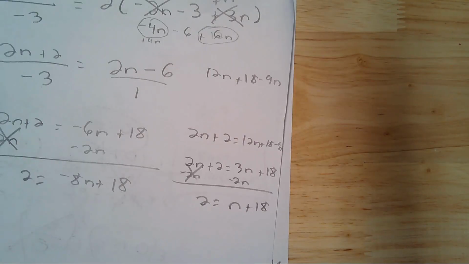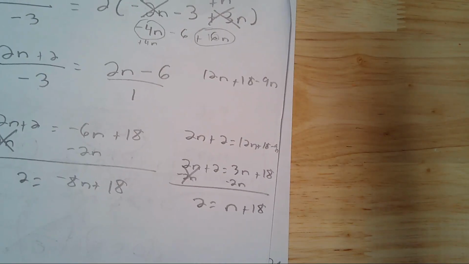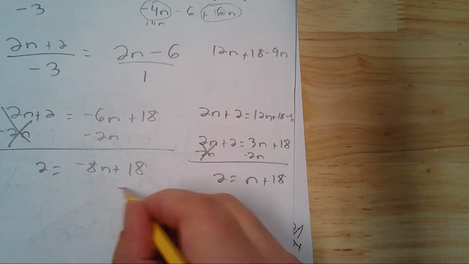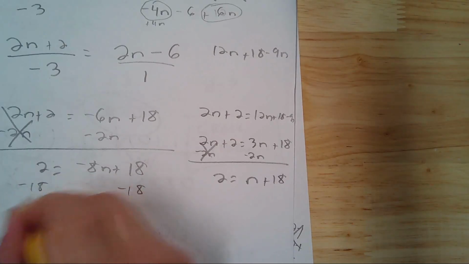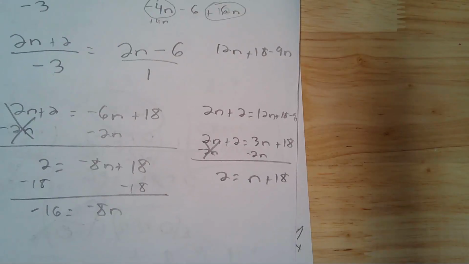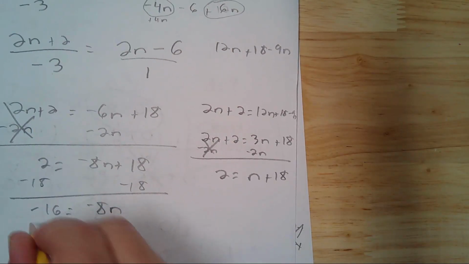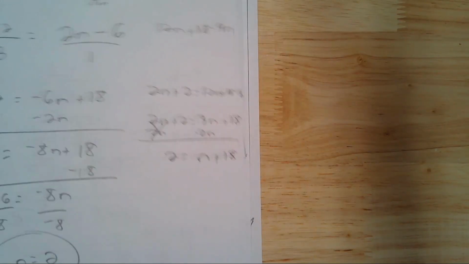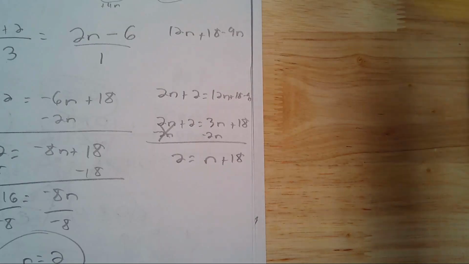I see what I did wrong. I had 6n plus negative. Let me see what's going on here, because this one's going to end up, so you're going to subtract 18, you're at negative 16 equals negative 8n, divide by negative 8, n equals 2. That is correct on your side here.